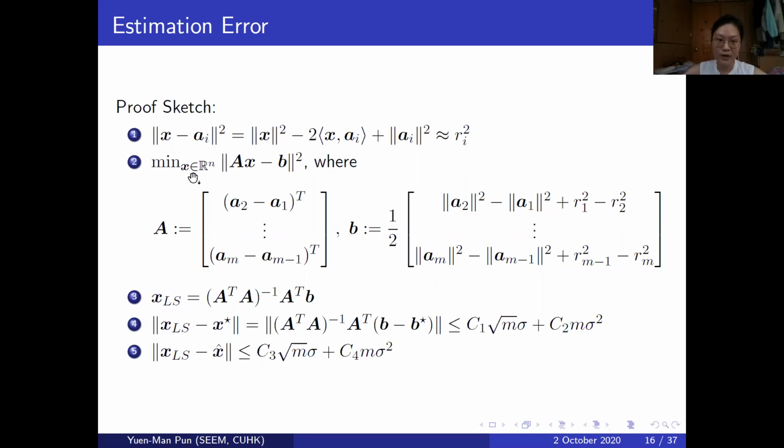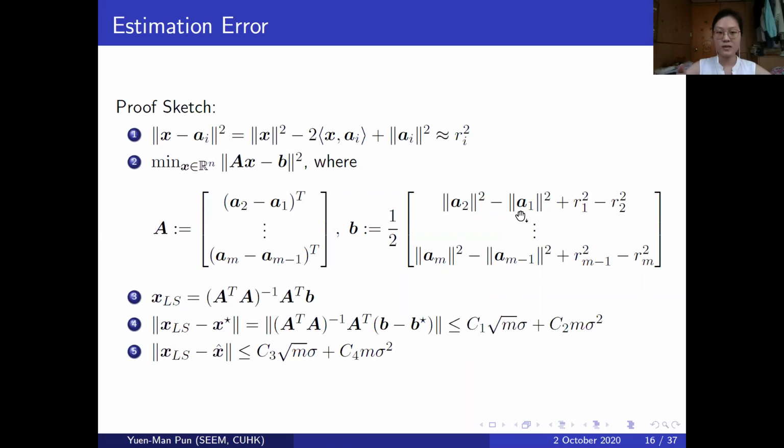So we have a system of equations, and we would like to minimize Ax minus b. As you can imagine, subtracting the ith equation from the (i plus 1)th equation gives us such a system.